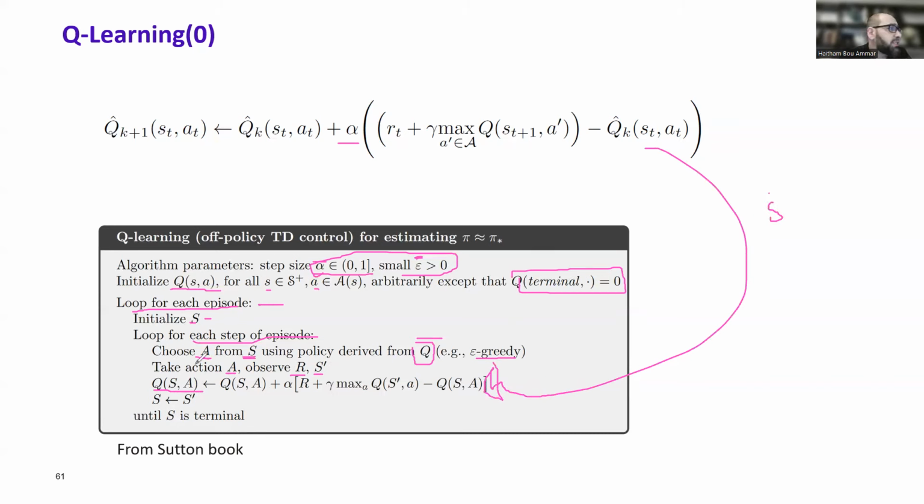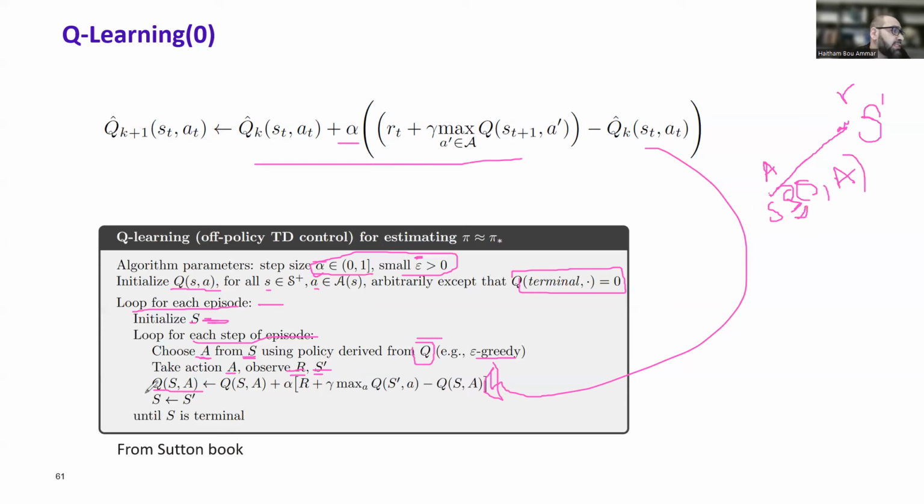The way we choose that action is according to our Q estimate, Q of S, A. Based on that, I will go to some new state S prime, and I will get a reward. Given that I have those, I'm going to follow this rule which we described here, in order to update my estimate for Q of S and A.